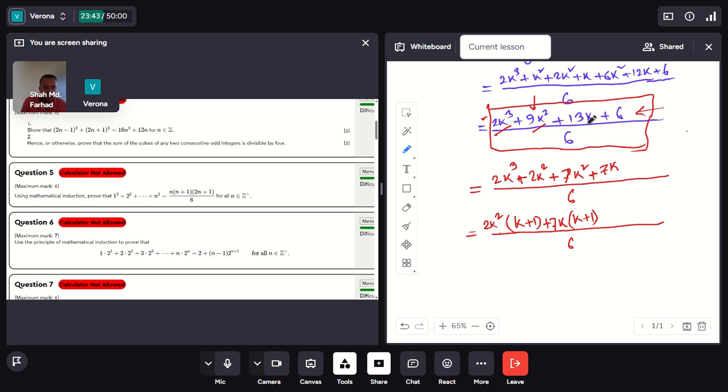Now we have to calculate here 13k. We have 13k, and we just got plus 7k. That means we have to put plus 6k here to equalize. Then here k plus 1, we have here plus 6, that means we have to multiply with plus 6, so we are getting 6k and then plus 6.